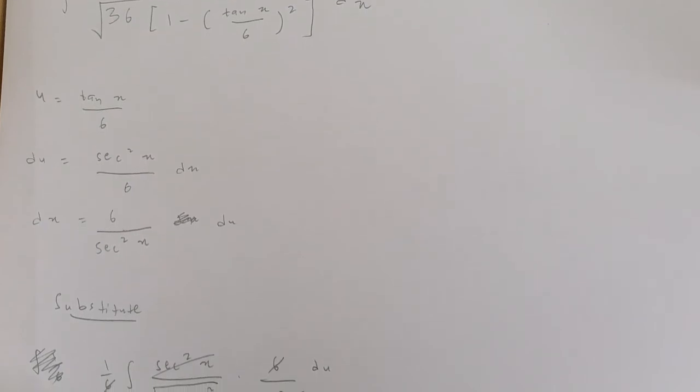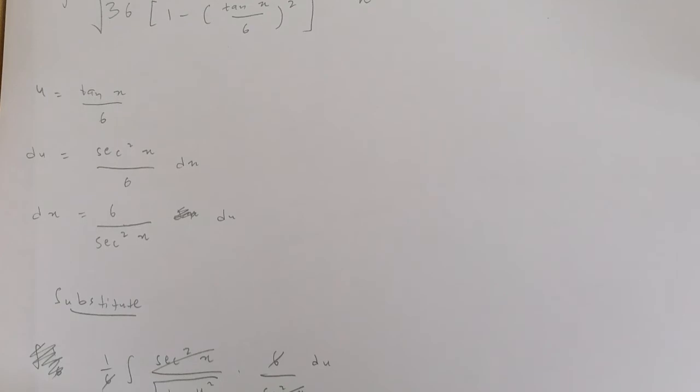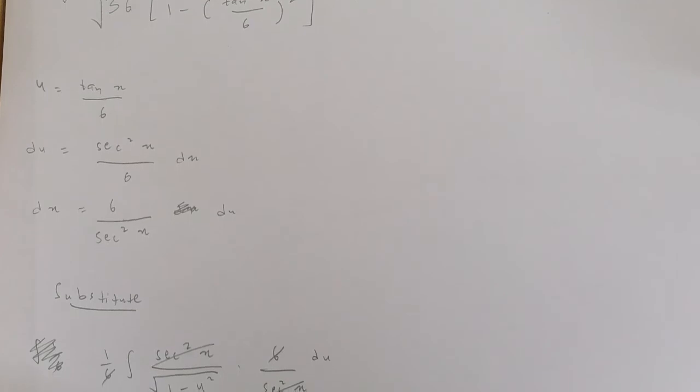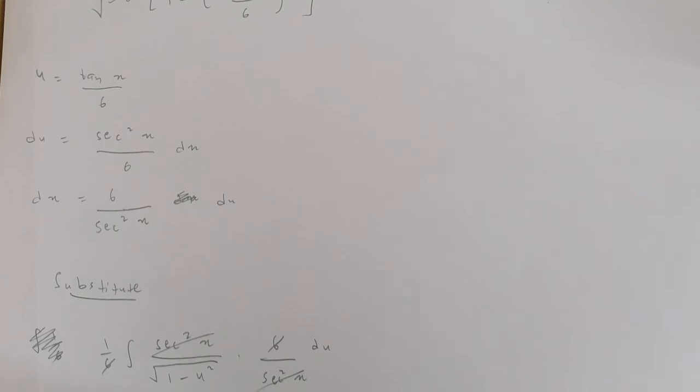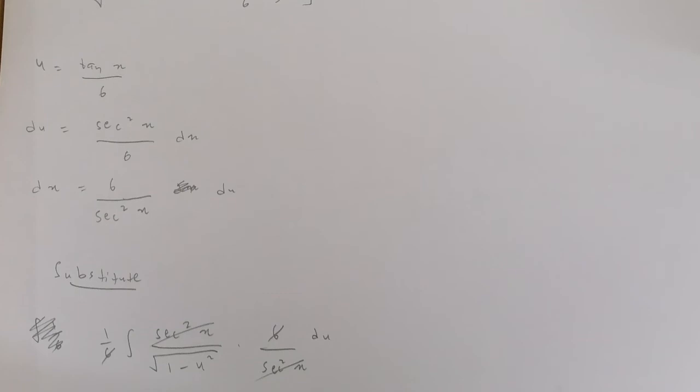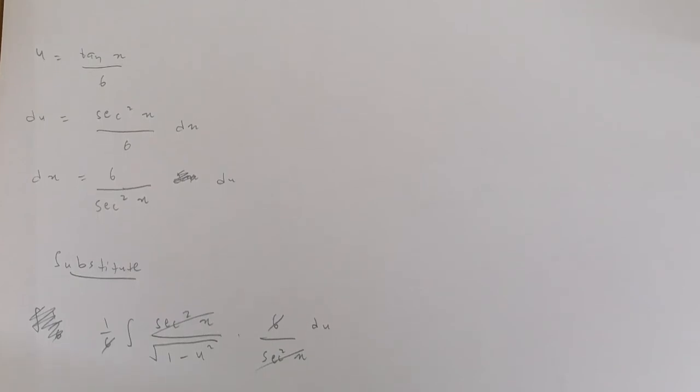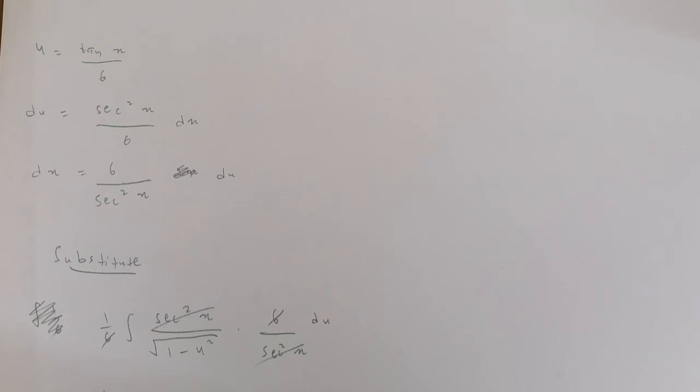We choose u, which is the tangent x divided by 6, and then du equals secant squared x divided by 6 dx. We find the dx, and then we substitute in the question.